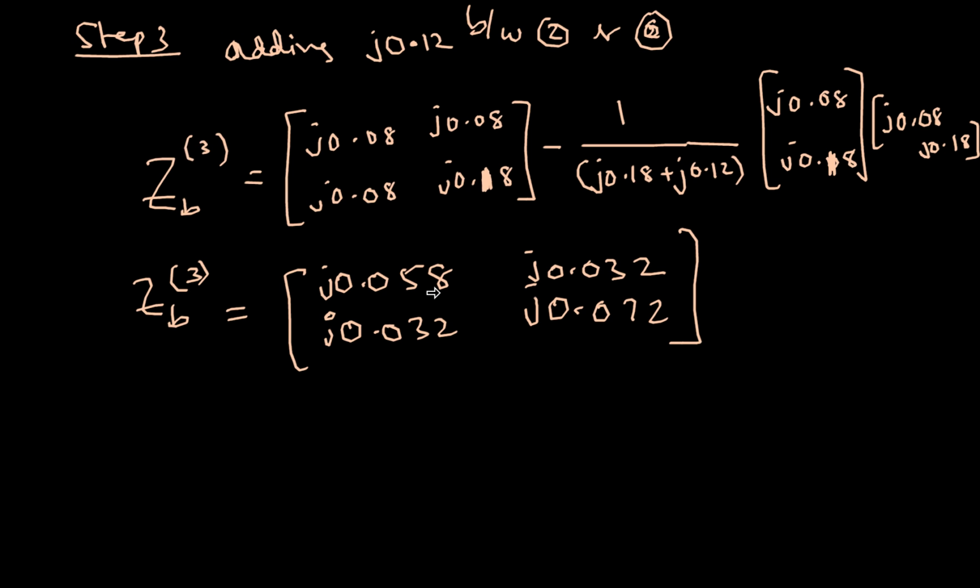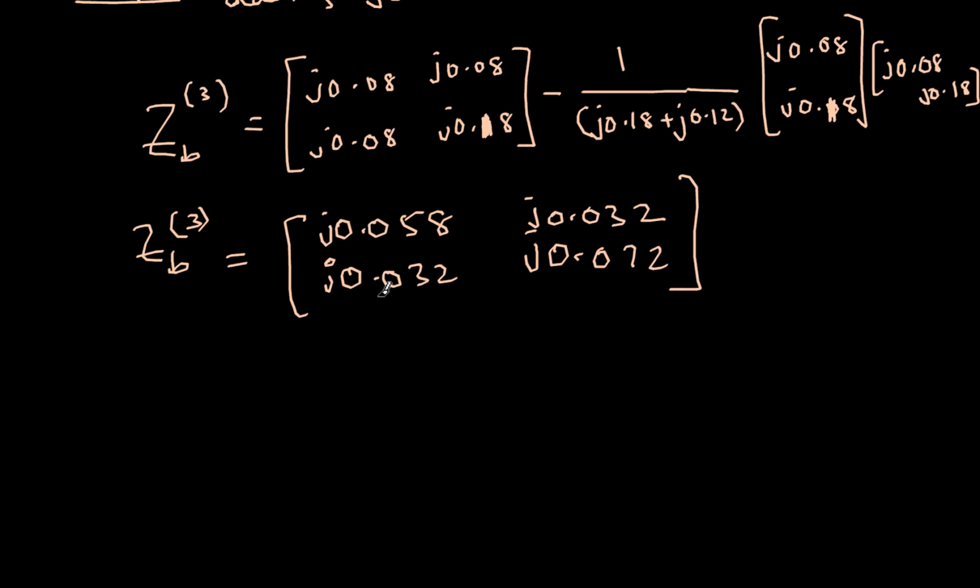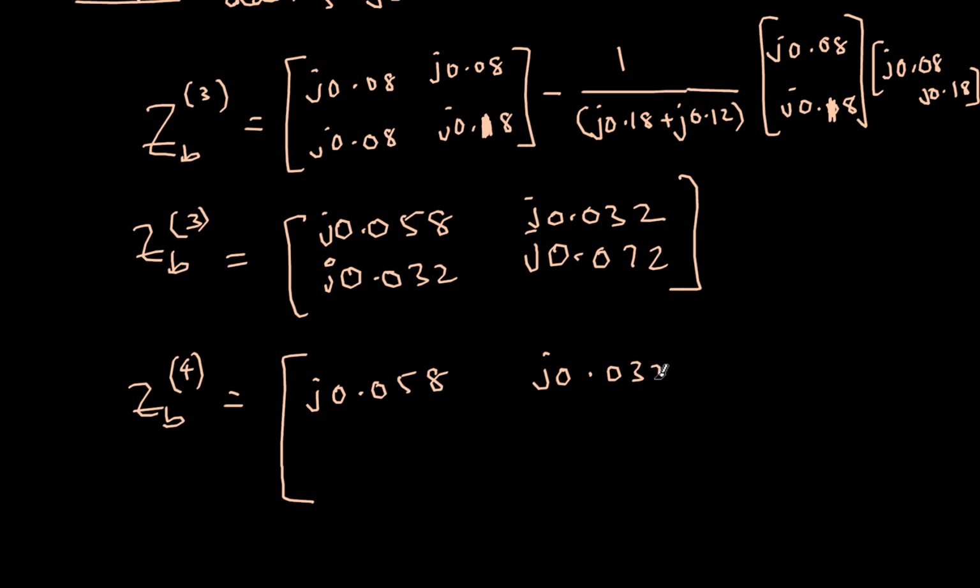Now finally I have the fourth step where I am adding a J.1 to the second column. So this is again case 2, I suppose. So ZB4 will be, to second column I am adding 0.1. So I'll keep the first row as it is. Then this also I'll just keep as it is.